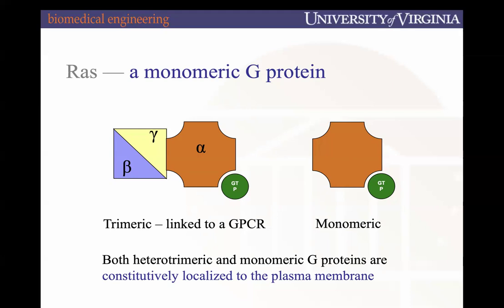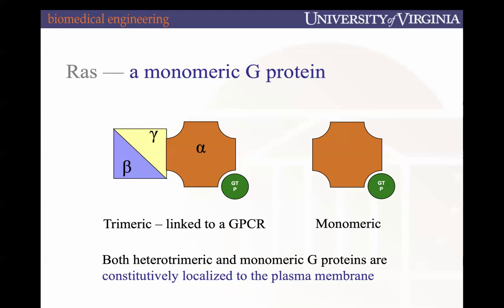But what still holds true for both monomeric and heterotrimeric is that they're both constitutively, or always, localized to the plasma membrane. We showed in the G protein lecture, and you can go back to it, an animation where the addition of a GTP molecule activates the alpha subunit, or in this case RAS for the monomeric form, and it slides across the plasma membrane.